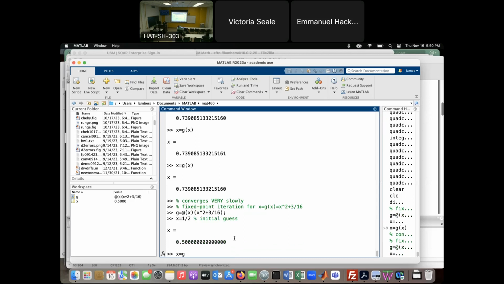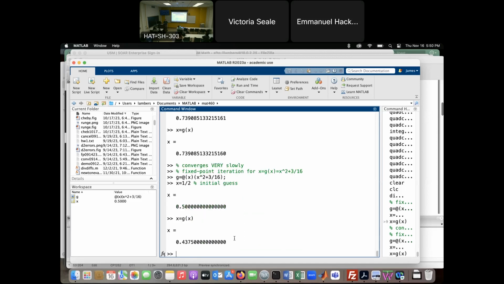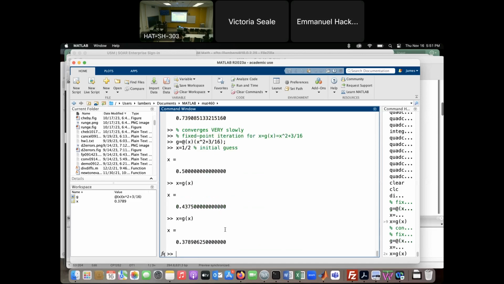So once again, I will do x equals g of x, repeatedly, until we see convergence.